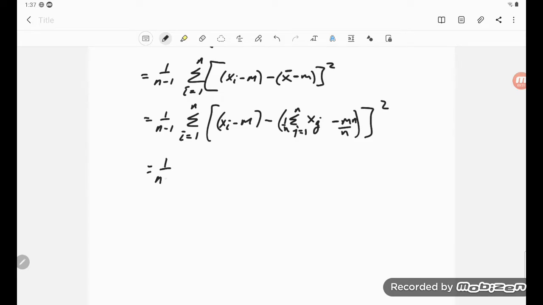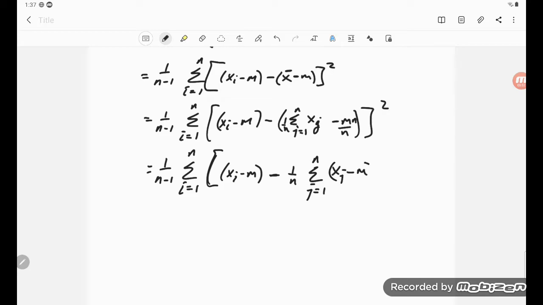And so this is 1 over n minus 1, sum i equals 1 to n of the xi minus m, minus, and I have the 1 over n that I factored out, and then the sum j equals 1 to n of the xj minus m, like that, squared.